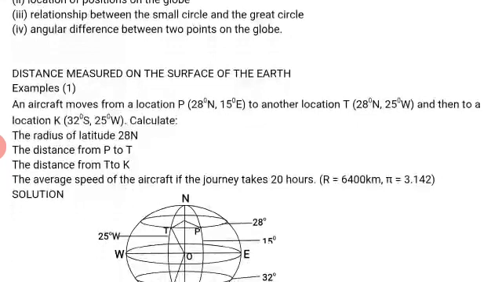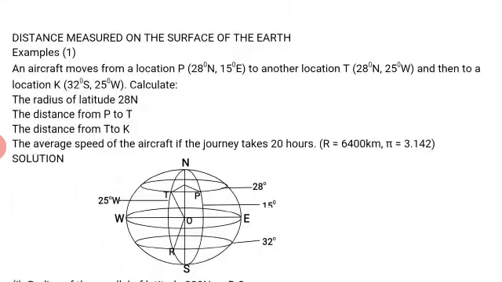Today we are going to have a discussion on how to calculate the distance between 2 points on the surface of the earth. Example 1. An aircraft moves from a location P, 28 degree north, 15 degree east, to another location T, 28 degree north, 25 degree west, and then to a location K, 32 degree south, 25 degree west.